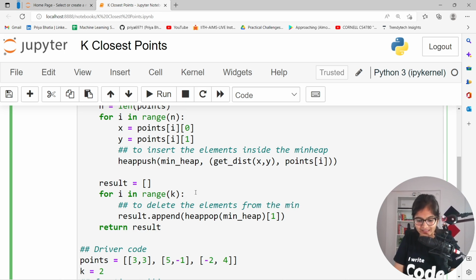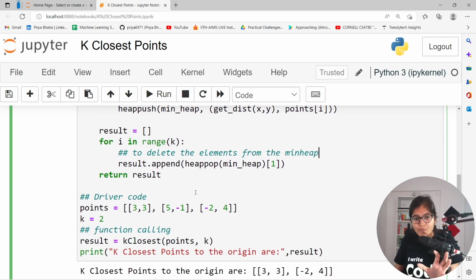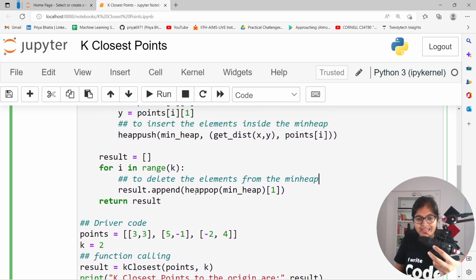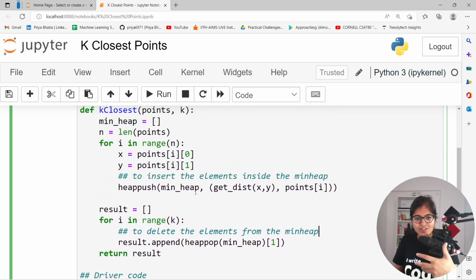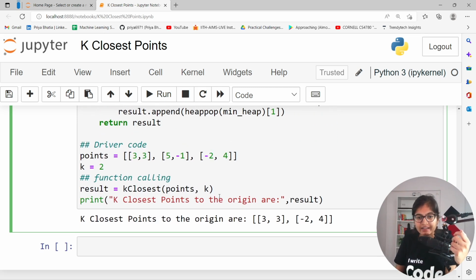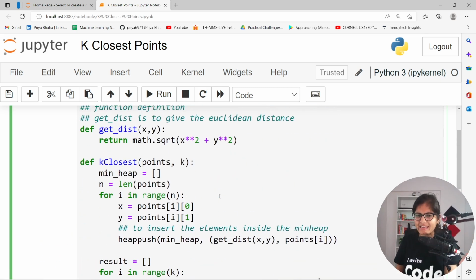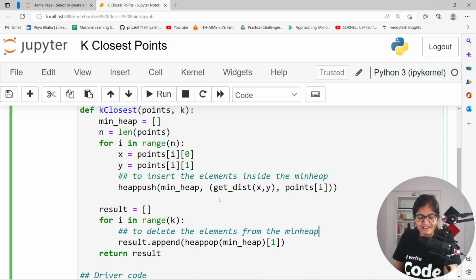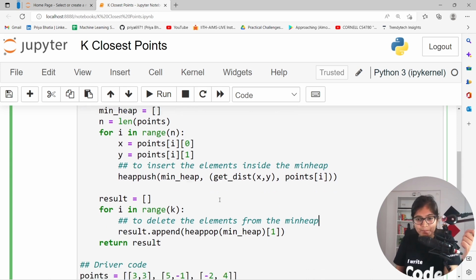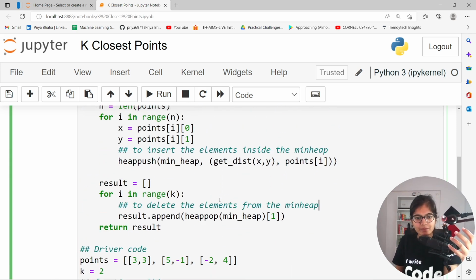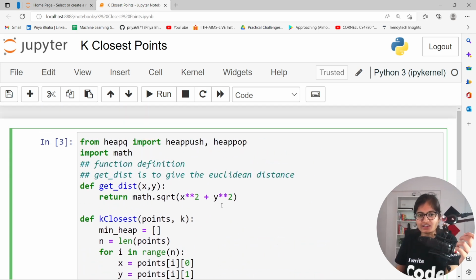That's the important thing and the key takeaway from this session: how inside the min heap we can do the insertion as well as the deletion. Then you will easily be able to get the approach. I hope approach wise it's quite easy to understand. That is the overall idea behind finding the k closest elements with the help of this approach.